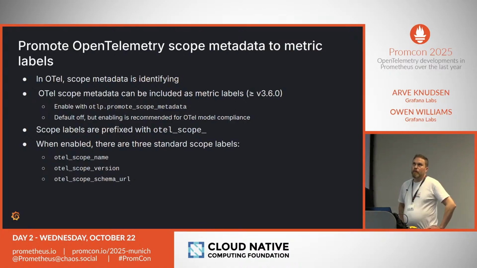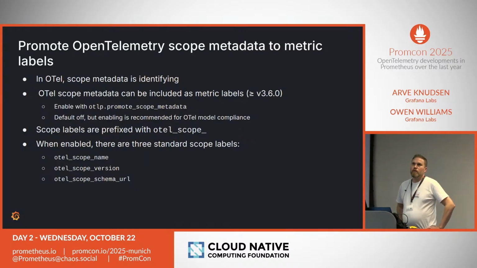So the background here is that scope metadata is considered to be identifying in the OTLP model, and it was not too long ago made a requirement in the OpenTelemetry to Prometheus translation spec that these scope metadata attributes should also be included as metric labels, because then they are part of the metric identity.